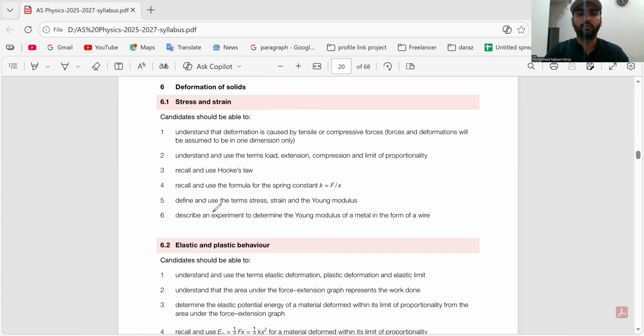After that, define and use the terms stress, strain, and Young modulus. Next, describe an experiment to determine the Young modulus of a metal in the form of a wire. All these things, tensile, compression, extension, and Hooke's law, apply to a wire, and we will discuss all of these.